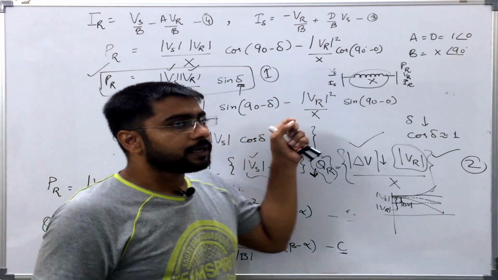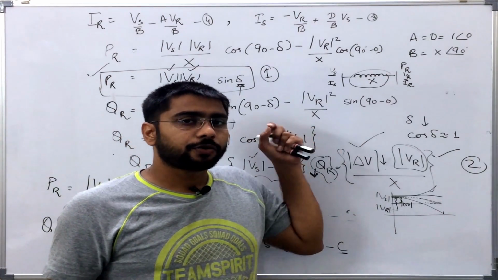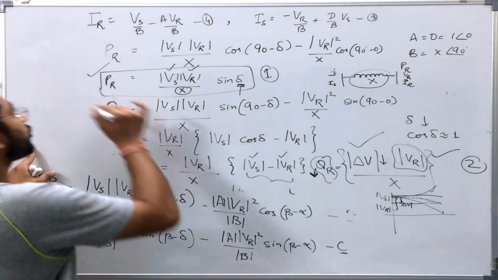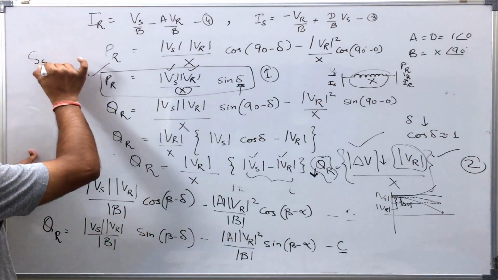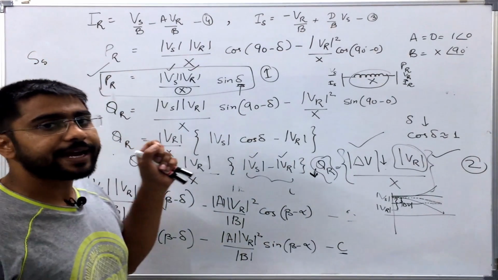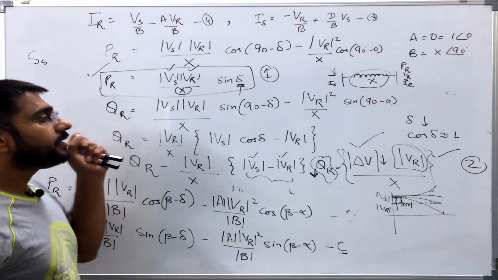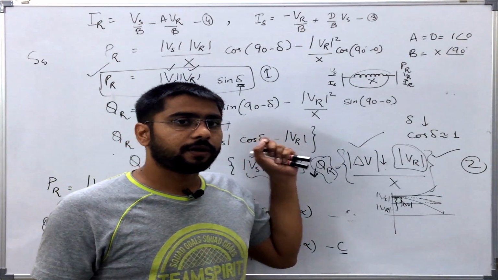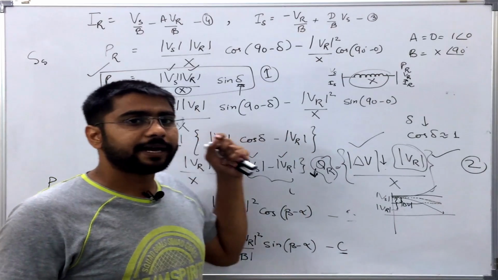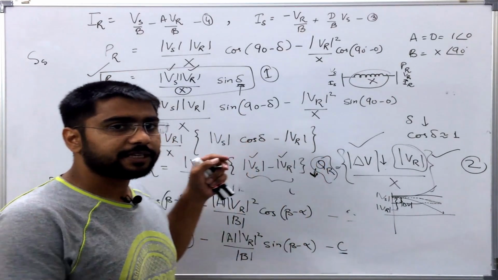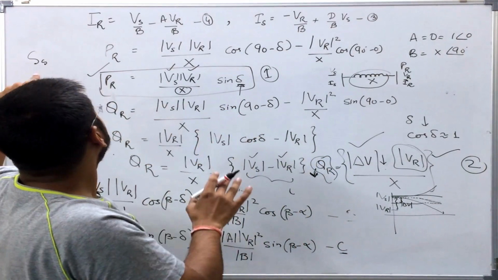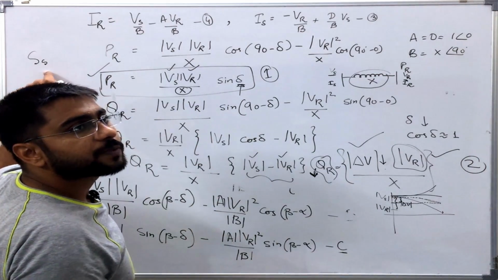Now, it is very easy to determine the complex power at the sending end. I will just write the equation on the next slide, and it is recommended that the viewer derives this equation by themselves.